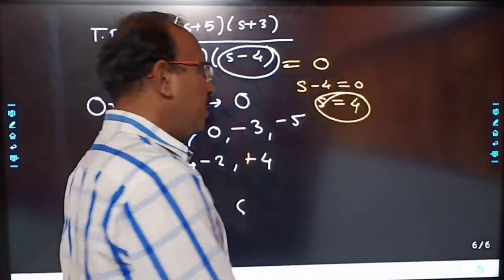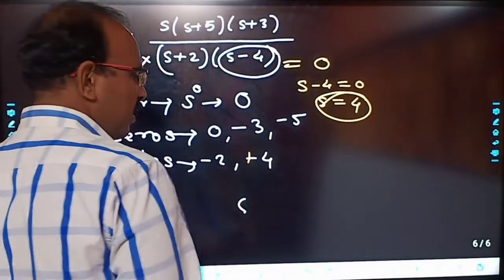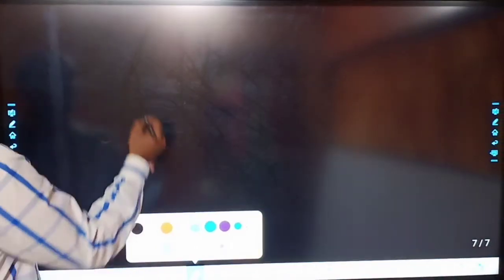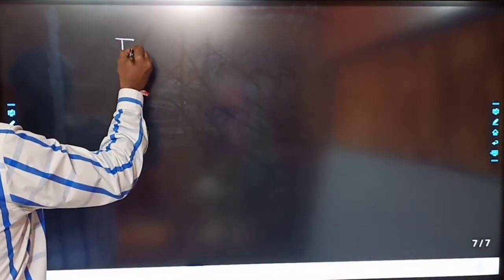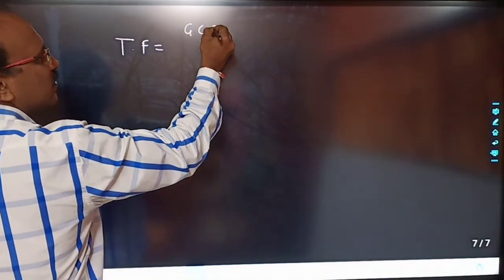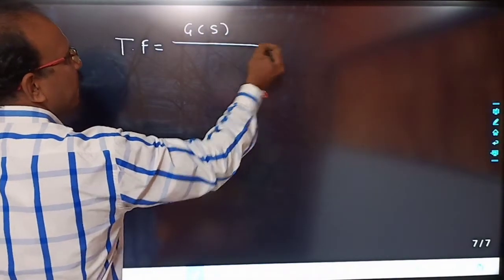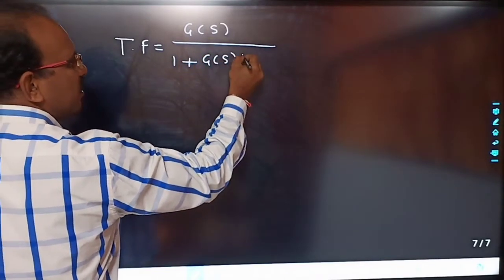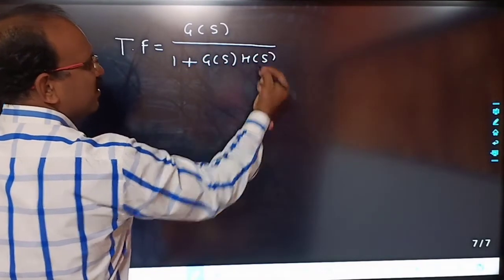But before that I want to tell you what the characteristic equation is. Suppose the transfer function is mentioned like this: transfer function equals g of s upon 1 plus g of s into h of s.